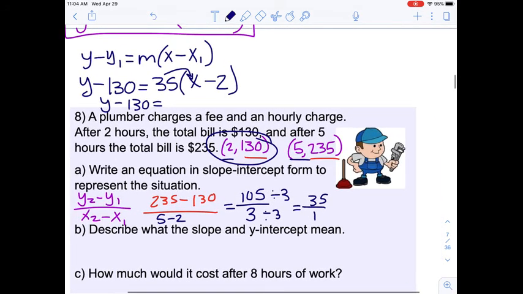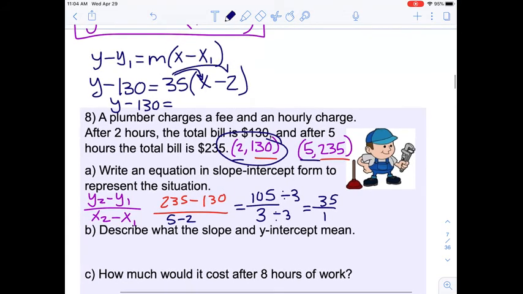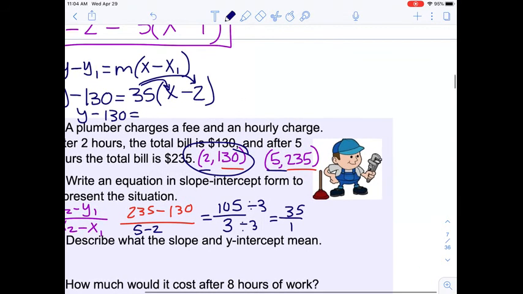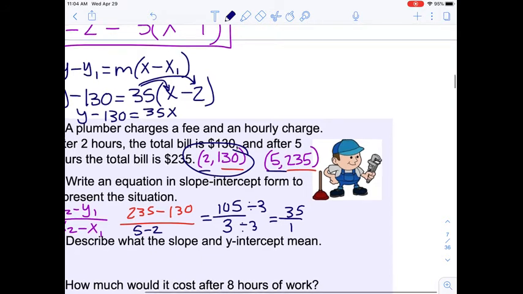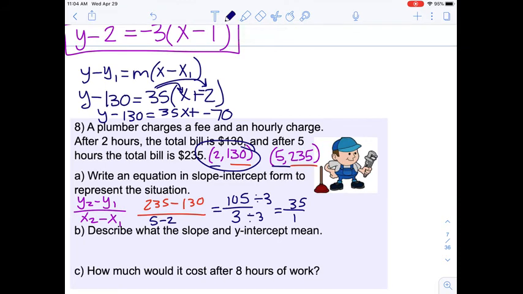So I have y minus 130 equals, and I'm going to distribute 35 times x gives me 35x. And then we have plus negative 2, so we'll do plus, and then 35 times negative 2 is negative 70. So then I'm going to rewrite this as y minus 130 equals 35x minus 70.